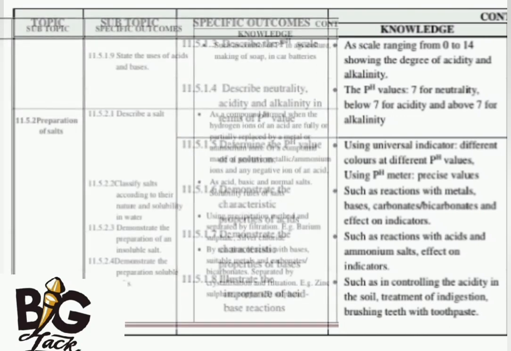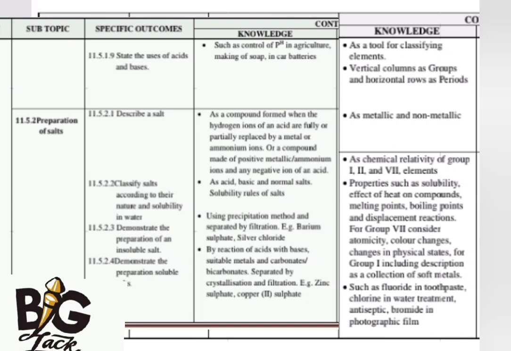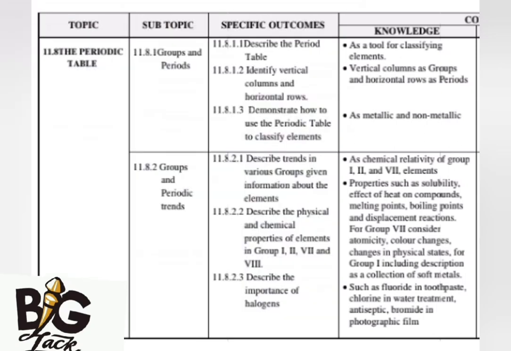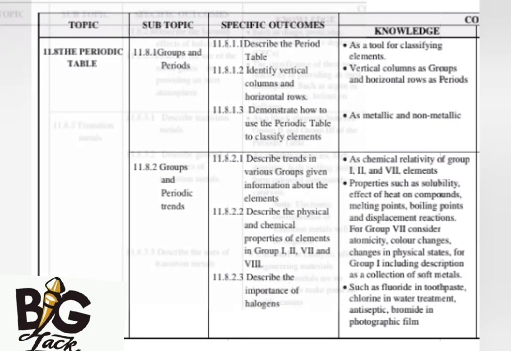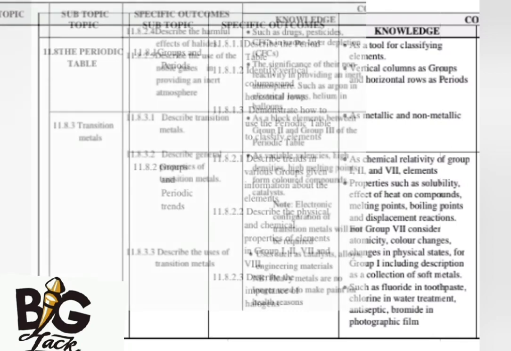Apart from that, they can also ask you questions under metals, or let me say the periodic table. So the questions which are likely to come under the periodic table: the first one is they are going to ask you to describe the harmful effect of halides.